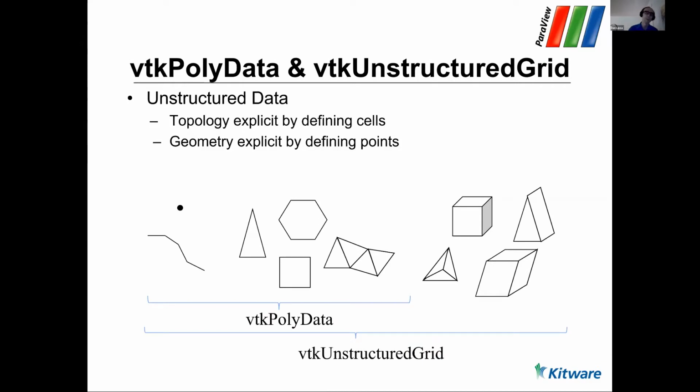The most general data sets are the polydata and the unstructured grid. Here, both the point positions and the cell structure are explicitly stored. So this consumes a lot more memory, and often it's slower to process. The difference between polydata and unstructured grid is that the unstructured grid can store 3D cells.